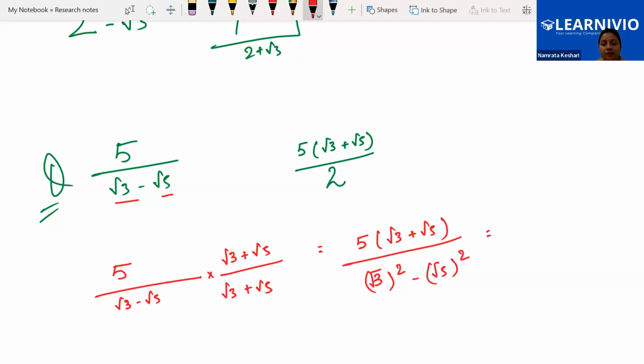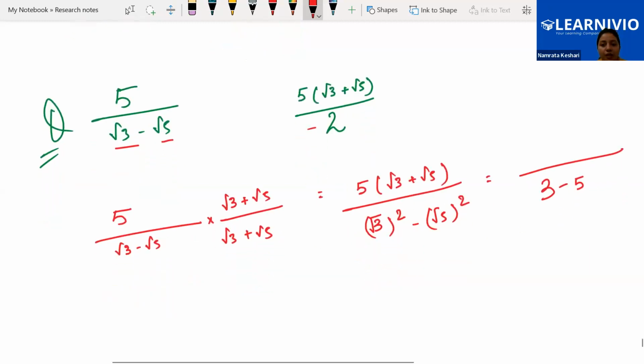That means in the denominator it became 3 minus 5. Is it plus 2, Saad and Samya? Minus 2. Okay, minus 2.